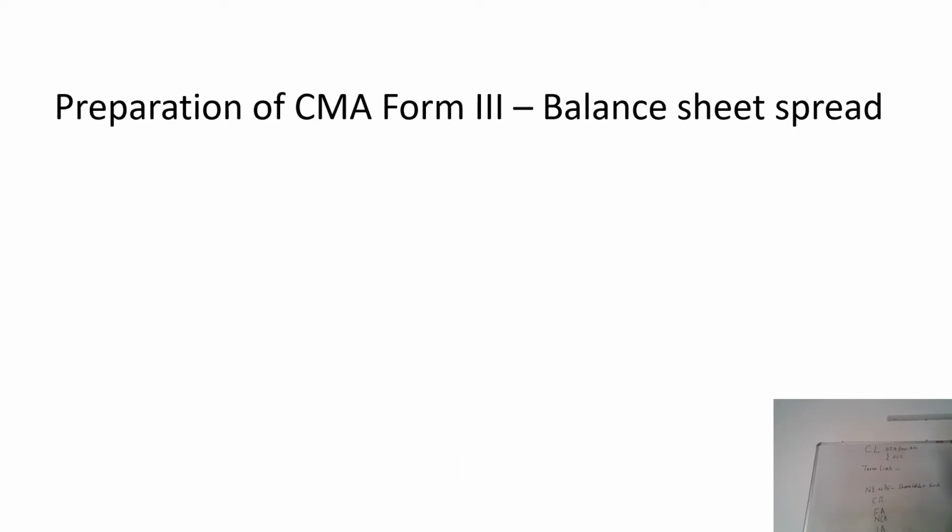Followed by, we go to the asset side. In the asset side, the first one which comes is the current assets. I have told you earlier that any asset which can be convertible into cash in the next 12 months and which is also a part of the working capital cycle will appear under current assets.